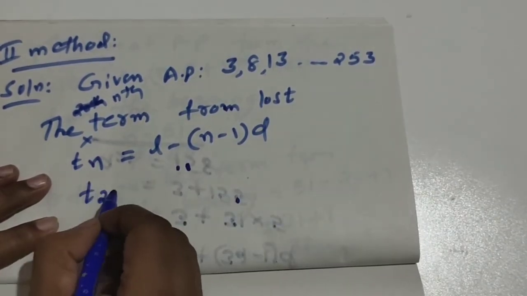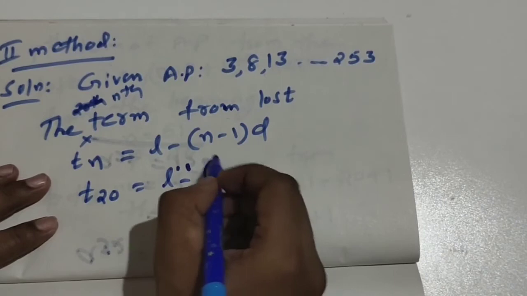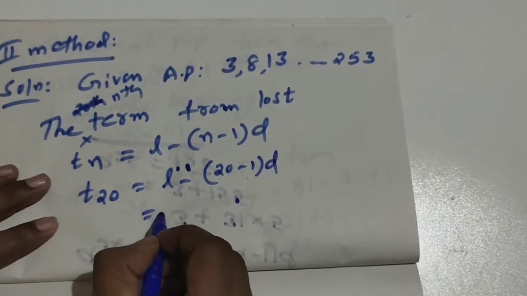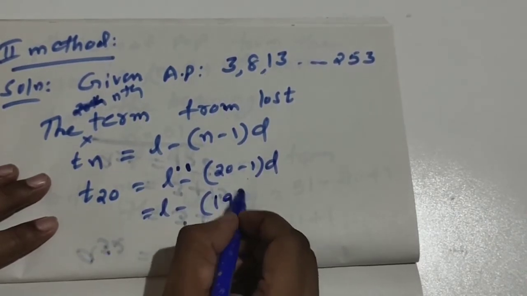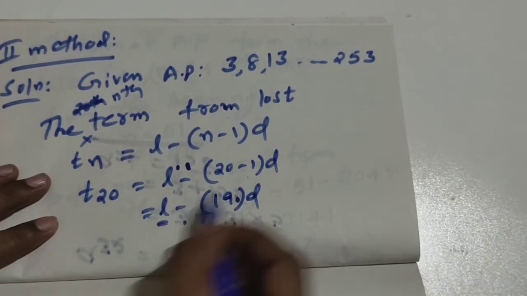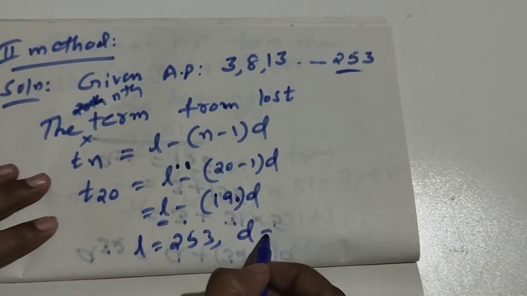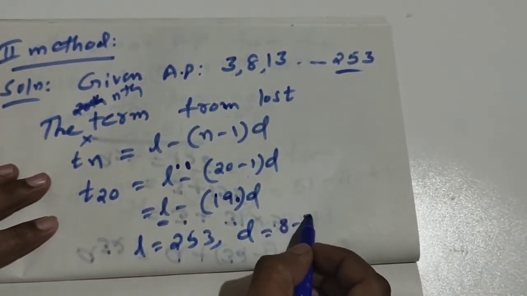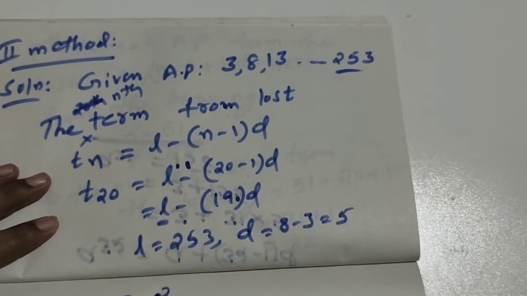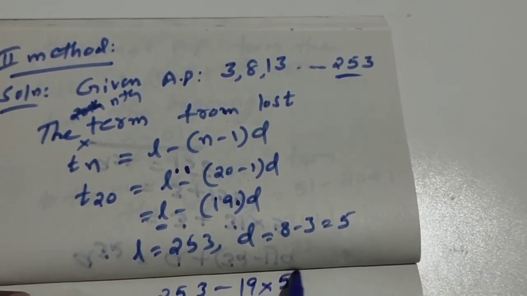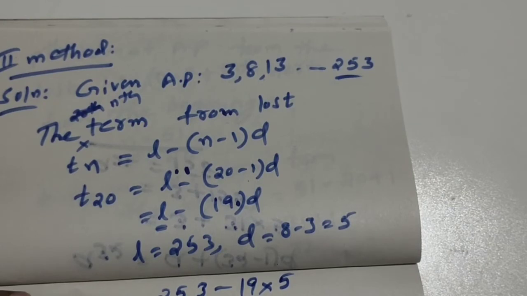So we need T20. T20 is equal to l minus 20 minus 1, that is 19, into d. What is l here? l is 253, the last term. And d is 8 minus 3, simply 5. So by substituting we can write 253 minus 19 into 5, so 253 minus 95. So what do we get here?